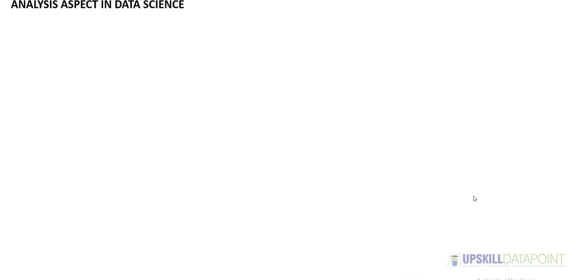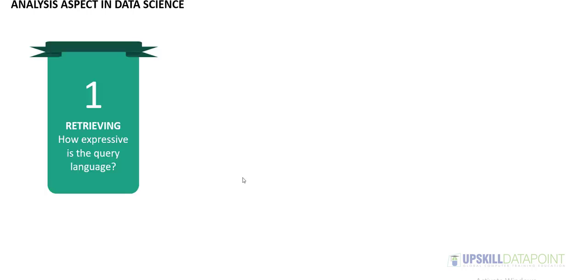Another key aspect of data science and related areas is the analysis part. One of the most important and fundamental parts is retrieving data. This calls in the question, how expressive is your query language? Can you craft a query that pulls in exactly the data you want and none of the data you don't want?